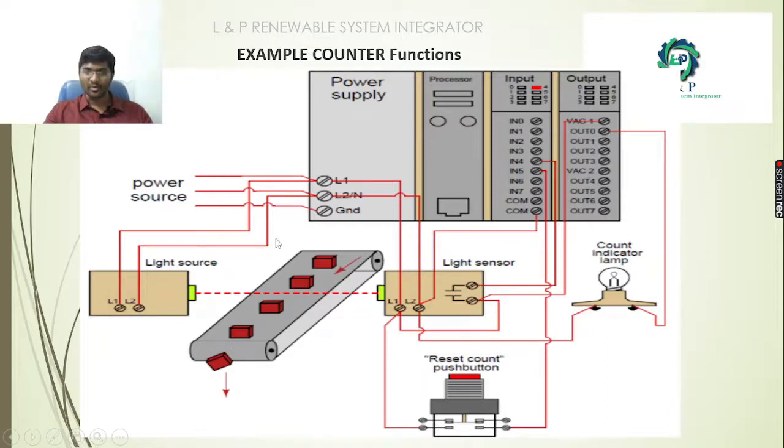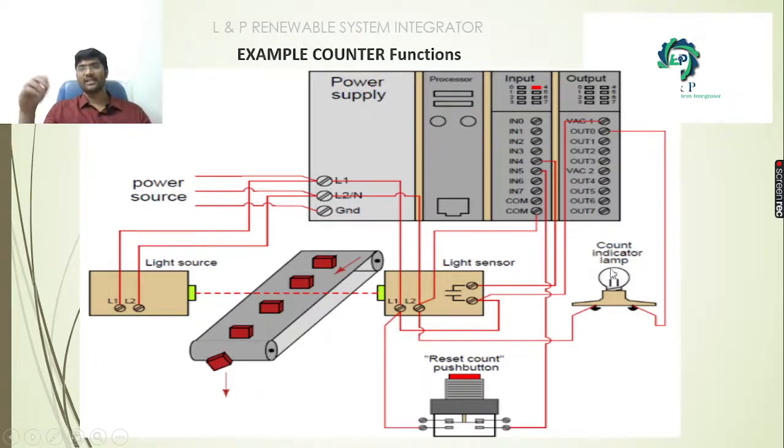When the object moves, in order to count the number of boxes, using this counter concept, you can enable things. Say for example, if two boxes are finished, immediately the other conveyor should turn on. Like that we can enable, or with the help of this indication we can make.